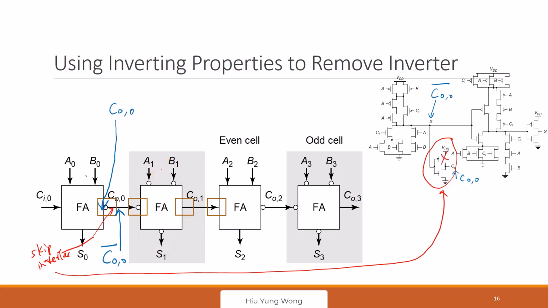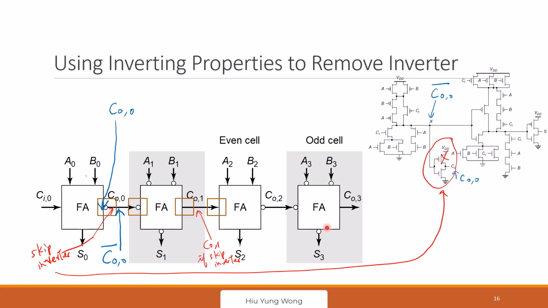And I know that the output of this one will be CO1, if I skip the inverter. So if I can cascade this version and the inverting version in this even and odd manner, I can save the inverter of every stage. And that is the good thing about using the inverting property.